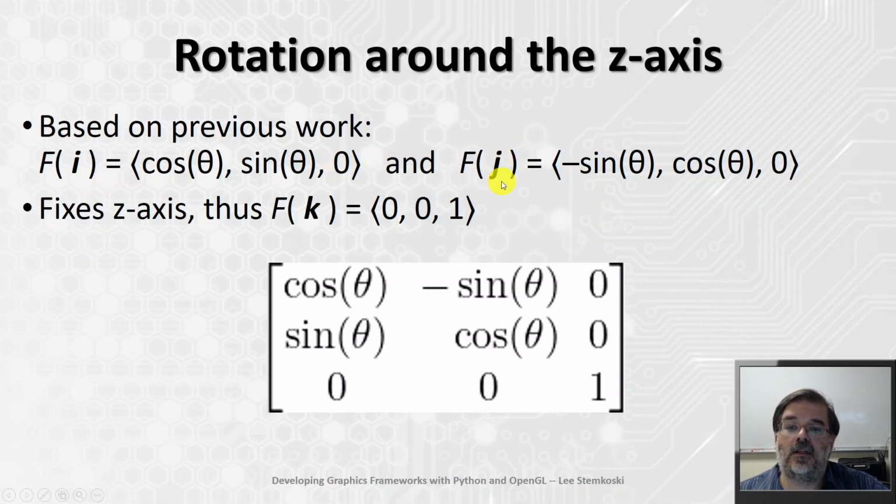Same thing here. j is 0, 1, 0, and that z component is not changing. So we know these entries. And we know what happens to the x and y values when we rotate around the origin, or the z-axis. It becomes cosine theta, sine theta. That's our first column. And negative sine theta, cosine theta was our second column. In fact, if you look at this upper 2 by 2 submatrix, it looks just like rotation in 2-dimensional space. We're just extending it to 3 dimensions.